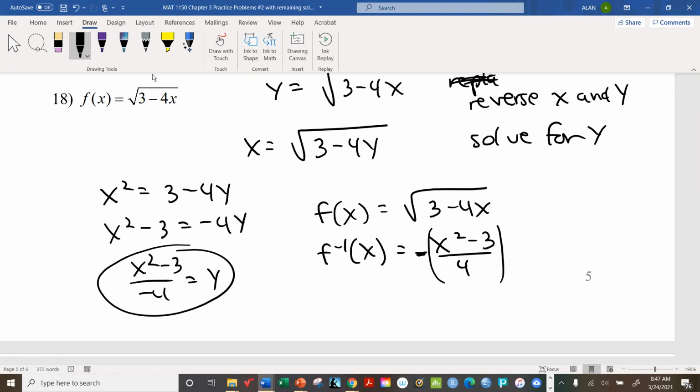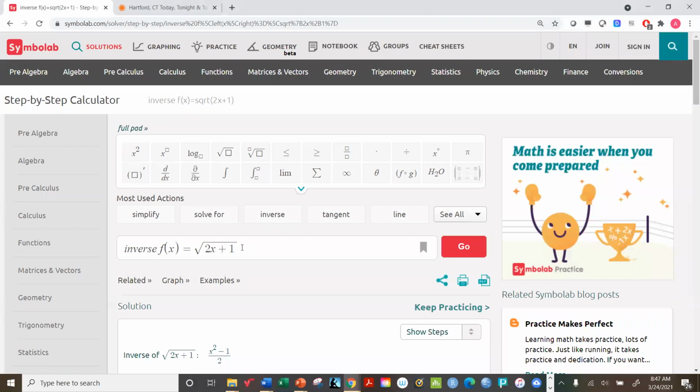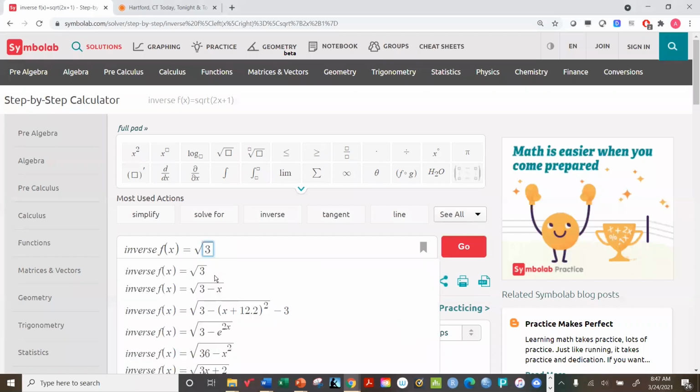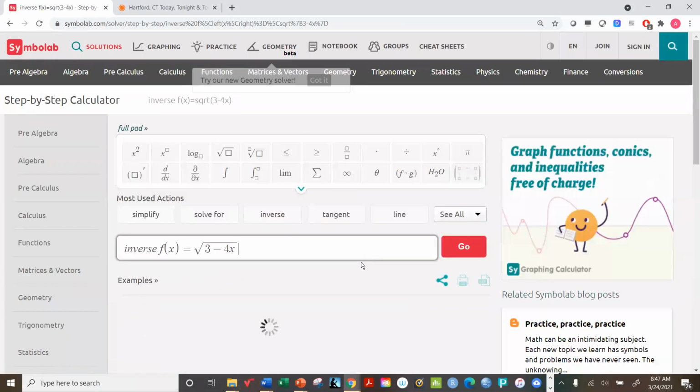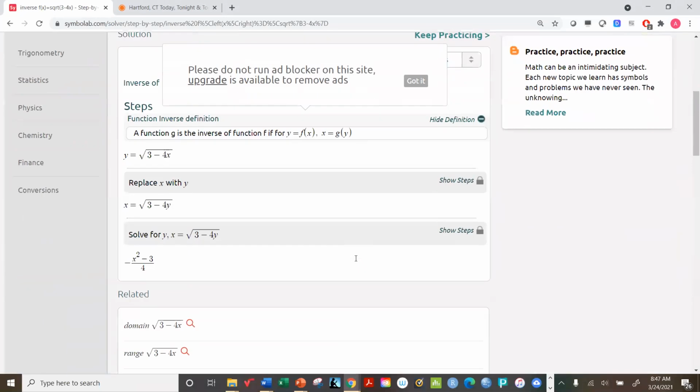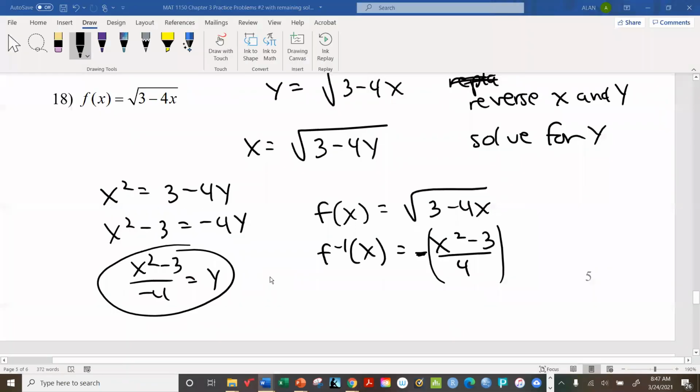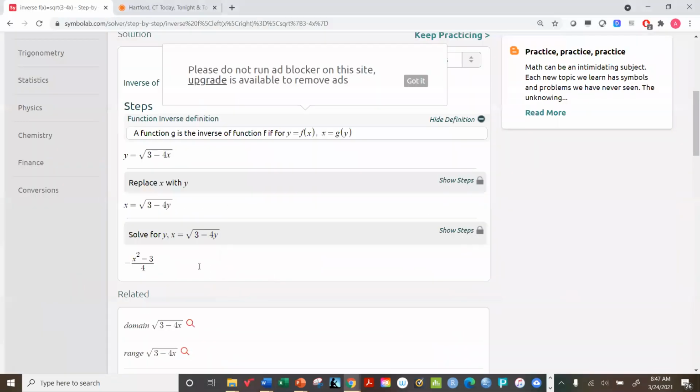All right, and since we have access to it, we might as well double check this with Symbolab. We have 3 minus 4x under the square root sign. And it comes back with -x squared minus 3 over 4, exactly what we have. But you notice they're going through the same steps that we are.